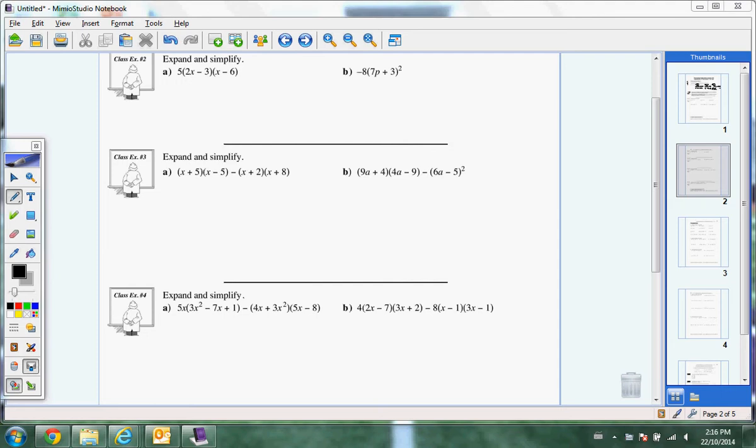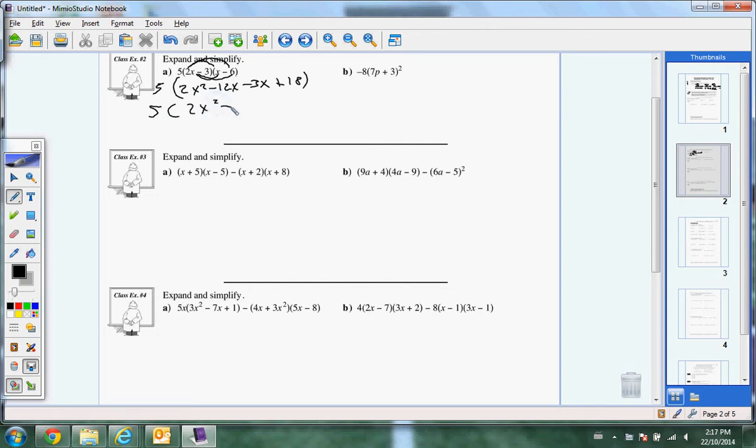Okay, so for example, I prefer to FOIL first, so 2x squared minus 12x minus 3x plus 18. And it's like I have a 5 sitting out here waiting to come in. So before I do the 5, I'm going to get my like terms together. So it's 2x squared minus 15x plus 18.